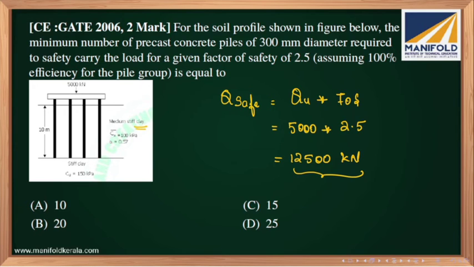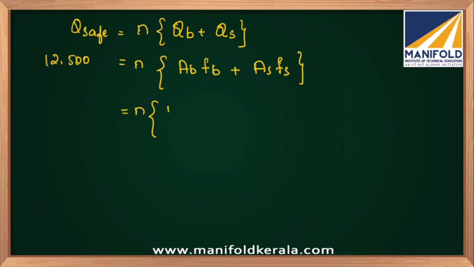If it is a clay soil, then the cohesion values will be influencing. If it's a sandy soil, then the angle of internal friction and the corresponding effective stress will be influencing. With respect to the given condition, it is a clay soil. So the cross-sectional area is pi by 4 into diameter squared.